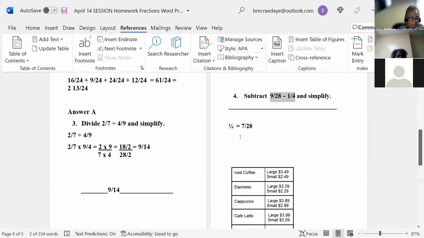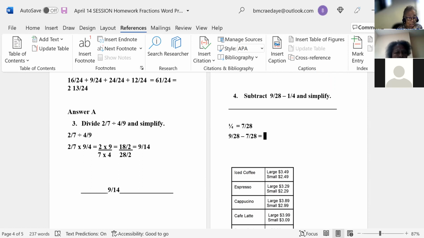So let's just rewrite that. 9/28 stays as 9/28. 1/4 is now 7 over 28. And what is that equal to, Vanessa? 9 over 28 minus 7 over 28 is equal to what? So you would have now 2 over 28.